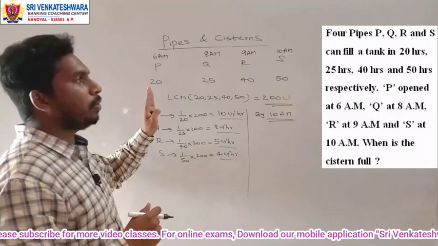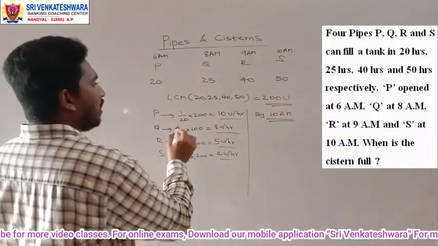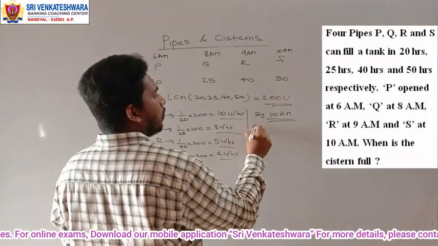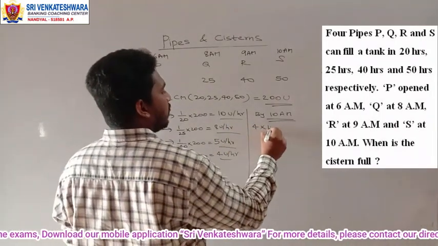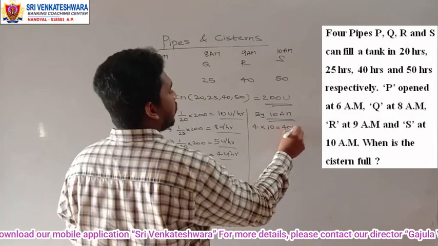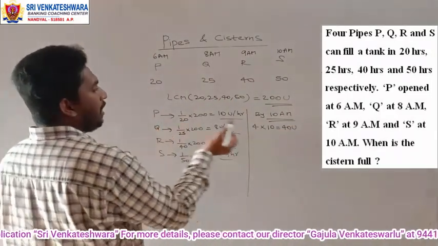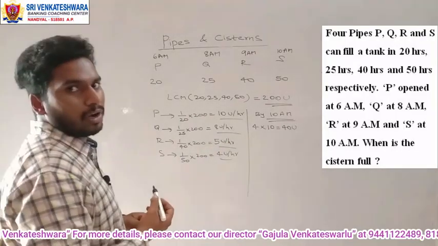P kept open for 4 hours and the efficiency is 10 units per hour. So 4 into 10 will be 40 units. In between 6 and 10, P can fill 40 units of volume.